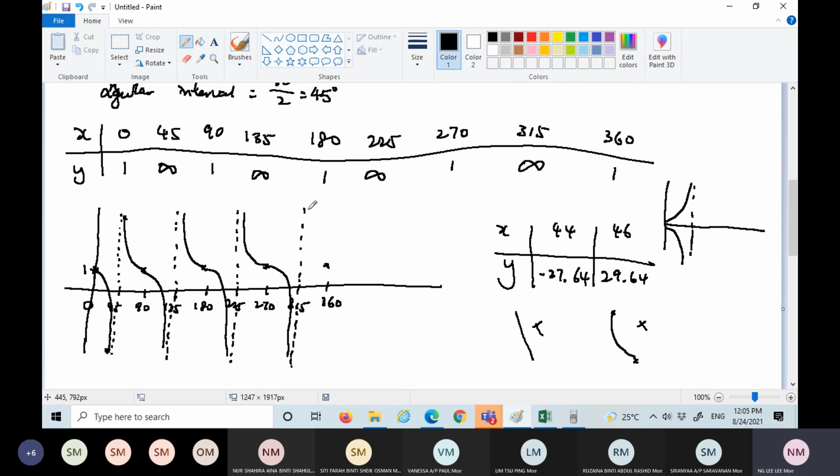Then last part. Because the original tangent, we have to always go back to the original tangent graph. The original tangent graph is this way. Wait, draw again.